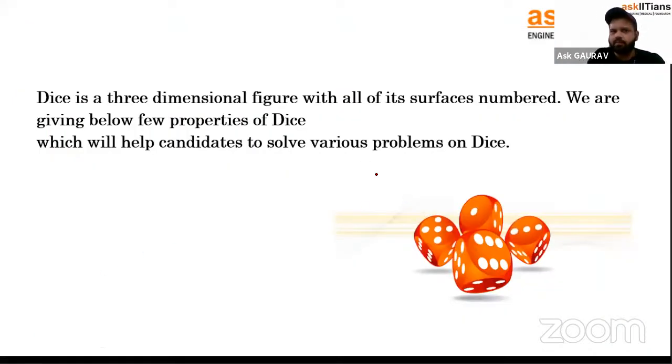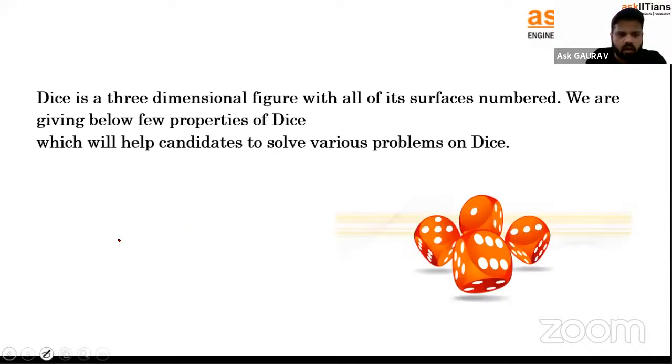Dice is basically a cube, right? And you must have played with it while playing a Ludo game. Dice is a cube form having numbers on it. What numbers?